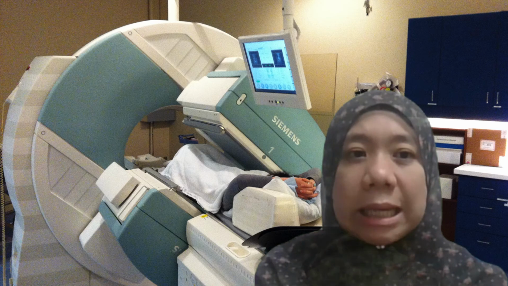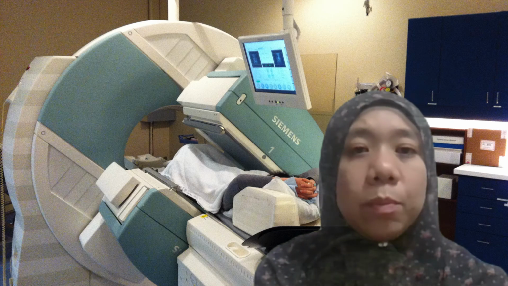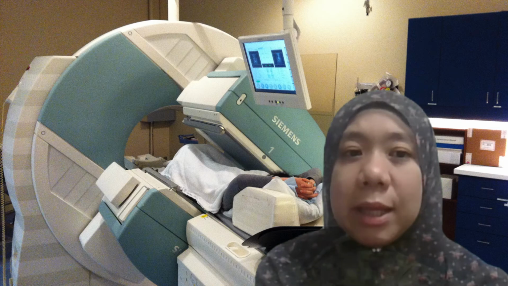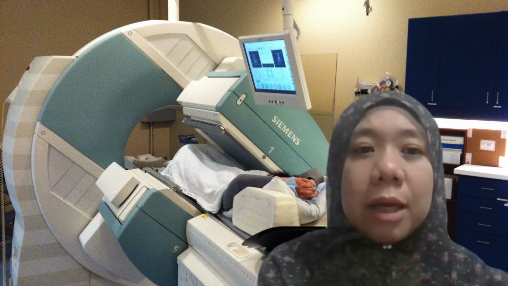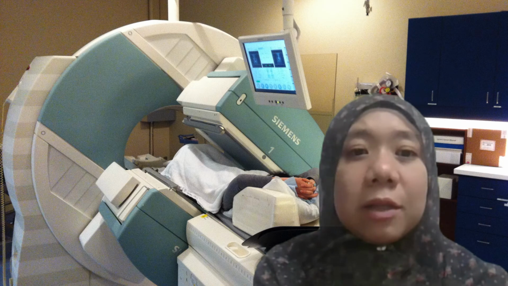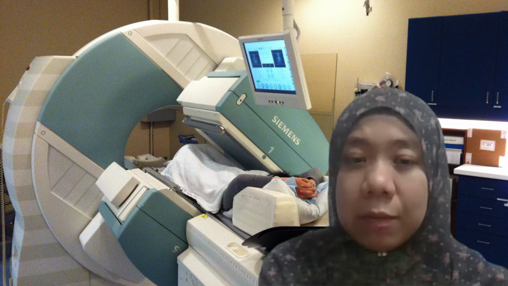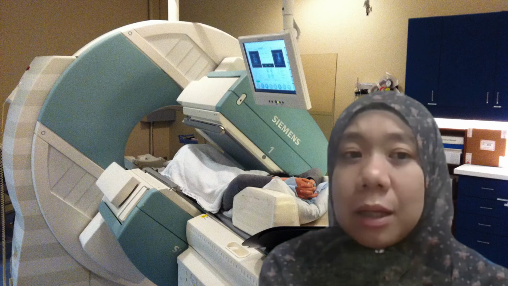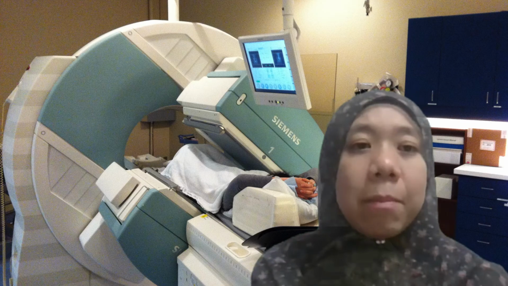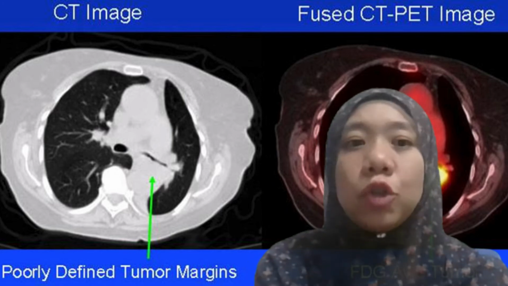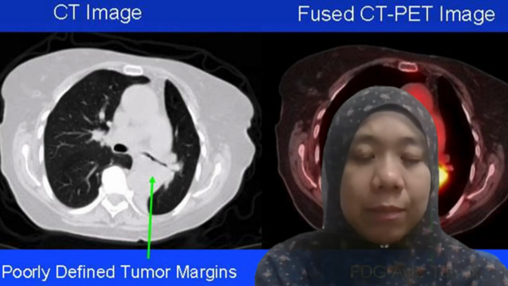SPECT-CT, which is single photon emission computed tomography, is one type of modality which uses gamma rays. So it is very similar to conventional nuclear medicine planar imaging, which uses the gamma camera. But this SPECT machine is able to provide true 3D information.